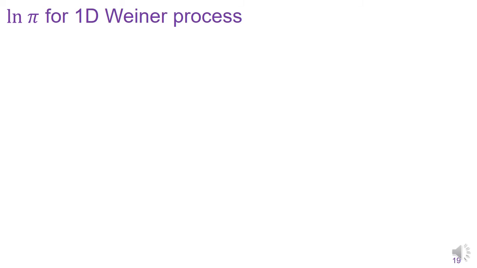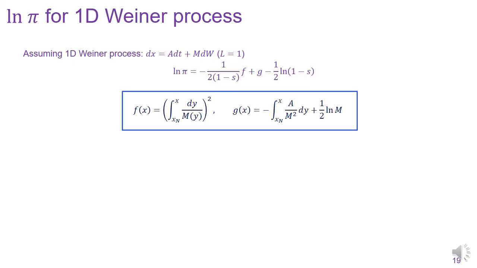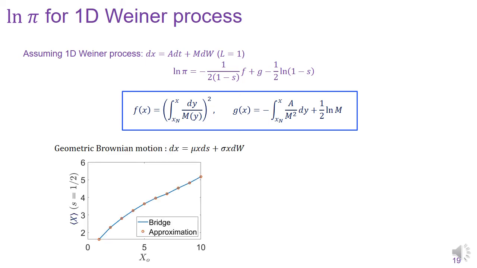To demonstrate this idea, we look at a 1D Wiener process. It turns out that for this particular process, which is generally characterized by the drift A and the diffusion M, we can propose an approximation for the hitting probability in terms of functions f and g, where the f and g functions are in terms of drift A and diffusion coefficient M. For a specific example, the first one we look at is a 1D geometric Brownian motion.